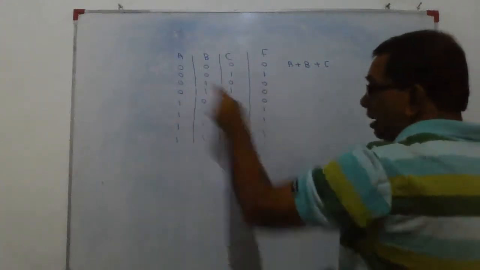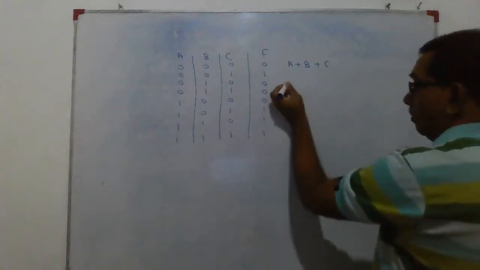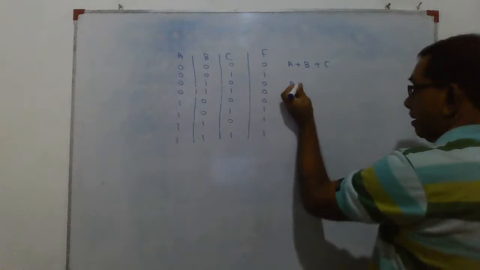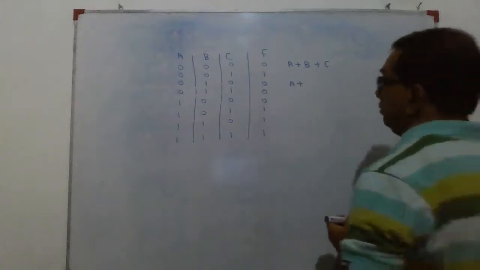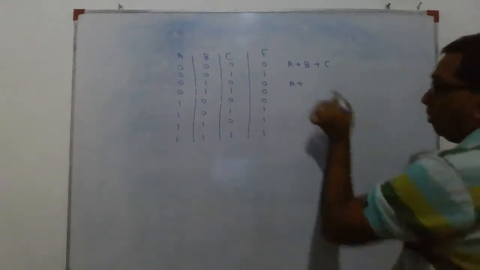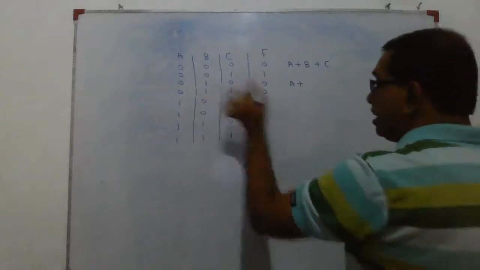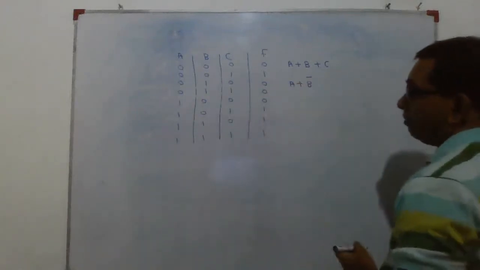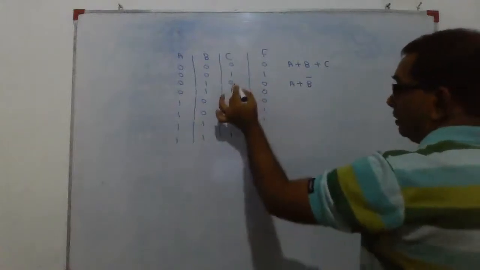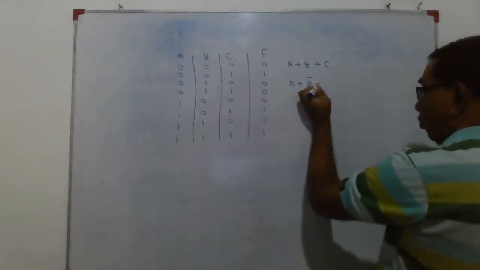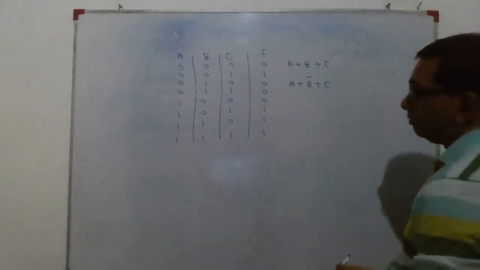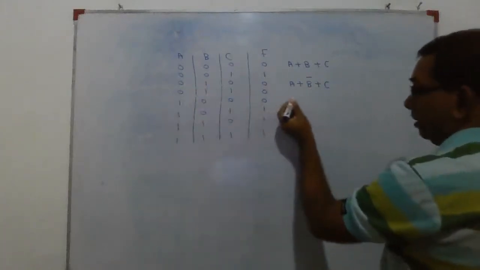Here, A bar, we get the complement as A, and AND is changed as OR. We have B here. Now complement is B bar. We have C bar here with OR. We say C. This is the second one. The third one can be written easily.